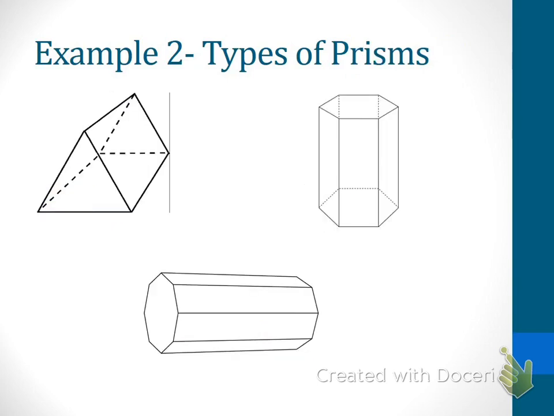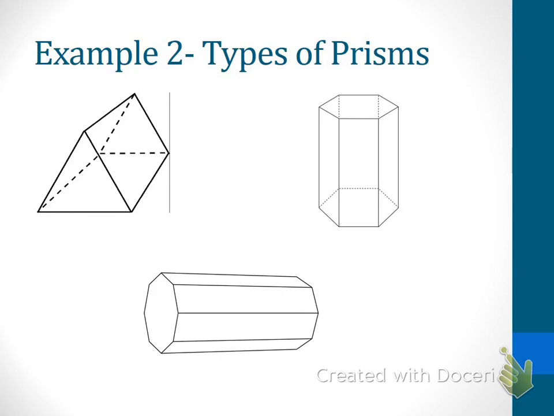Then we have types of prisms. Now, this first one can be deceiving because this is not my base. Prisms have 2 bases. And my 2 bases are what? Triangles. So it is a triangular prism. I want you to classify the other 2.